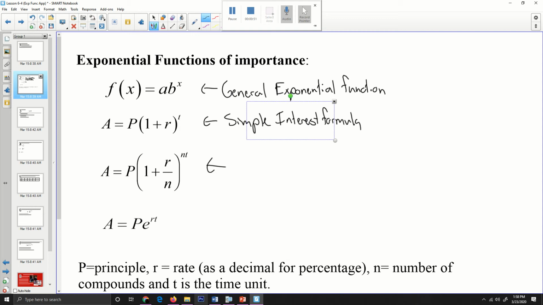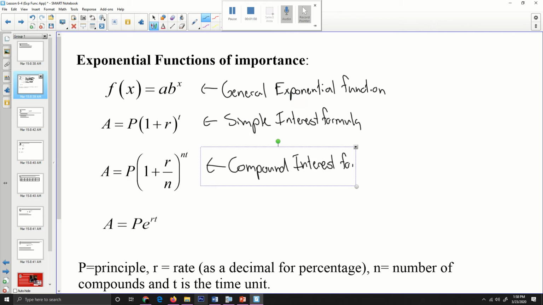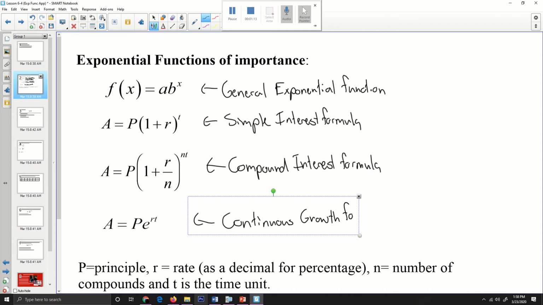This one right here is the compound interest formula, and this one is the continuous, C-O-N-T-I-N-U-O-U-S, continuous growth formula. And I call this the PERT equation, A equals P e to the r t, PERT.